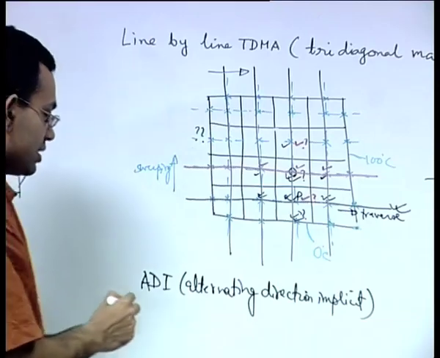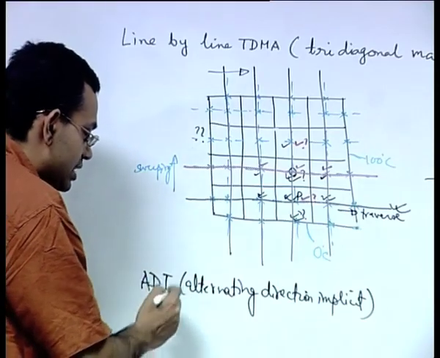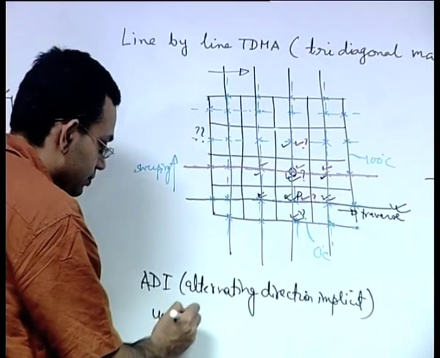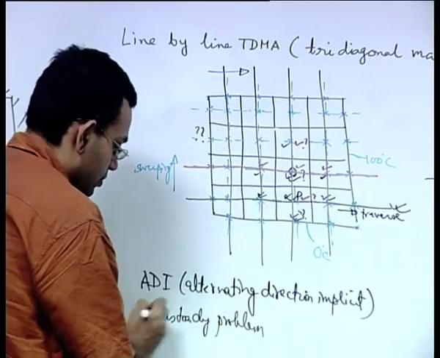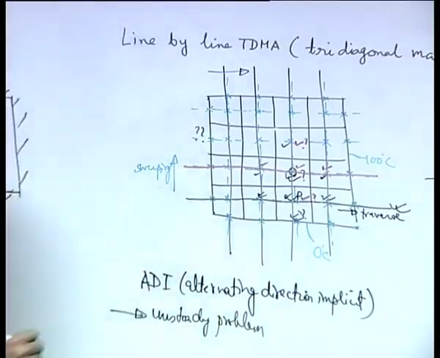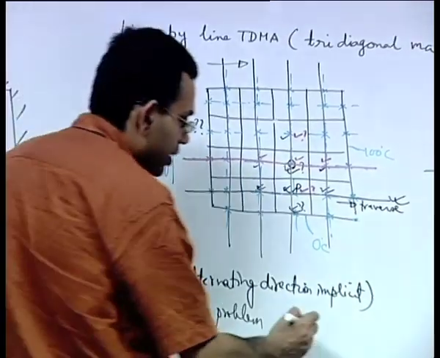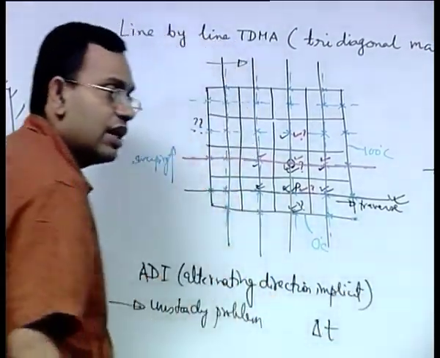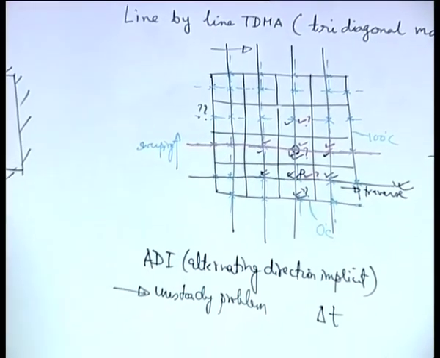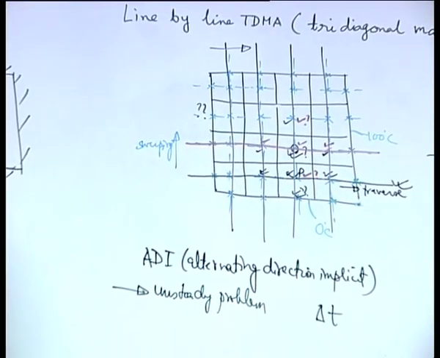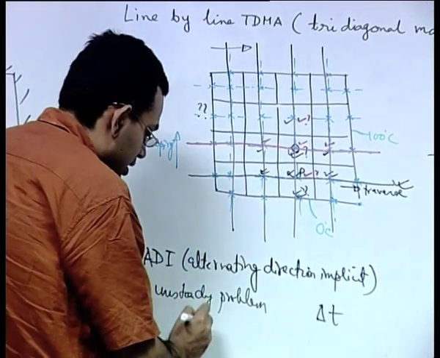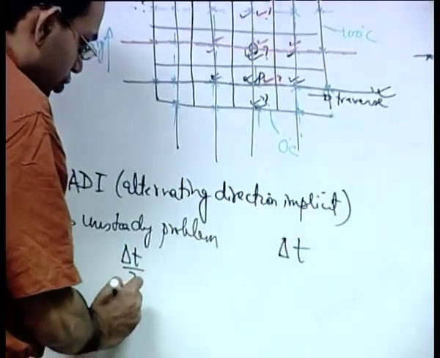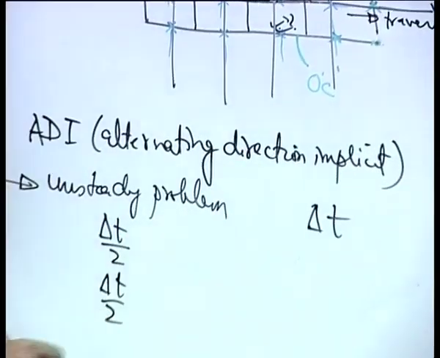So, this is used for an unsteady problem. In an unsteady problem you have the total time interval as delta t, each time interval total delta t. So, here what is done is this delta t is divided into two parts, delta t by 2 and delta t by 2.